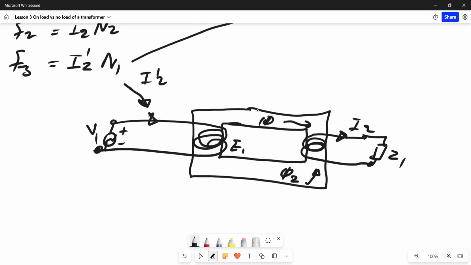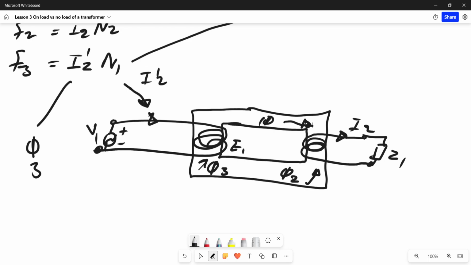So F3 will cause a third flux, flux 3. Because it is the mirror image of flux 2, it will oppose flux 2, and it will flow clockwise.